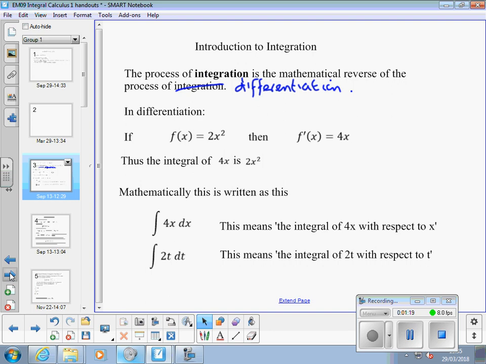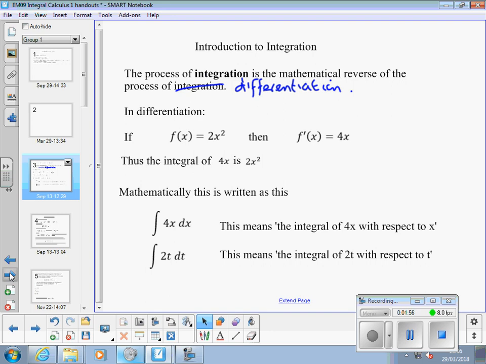Then the first differential of that, and you all know how to do that now, you multiply by the old index 2 to make 4, take 1 off the index, 4x to the 1, which is 4x. If integration is the opposite, the integral of 4x must be 2x squared. So if we were to integrate the function we've differentiated, we end up back where we started.